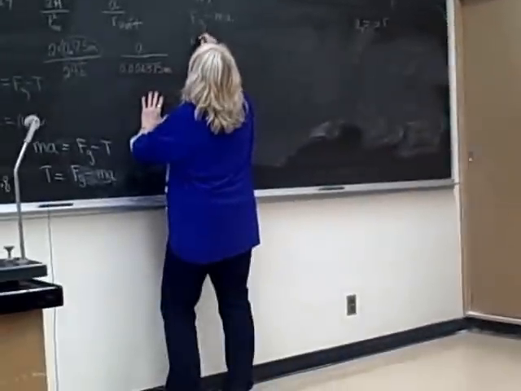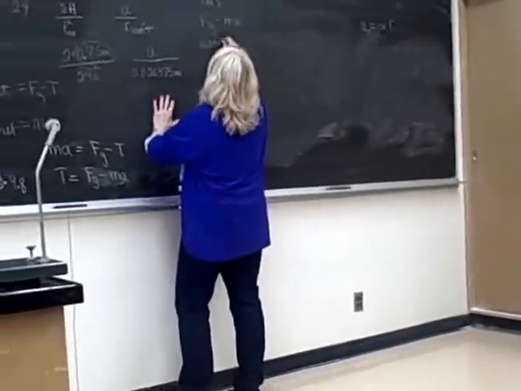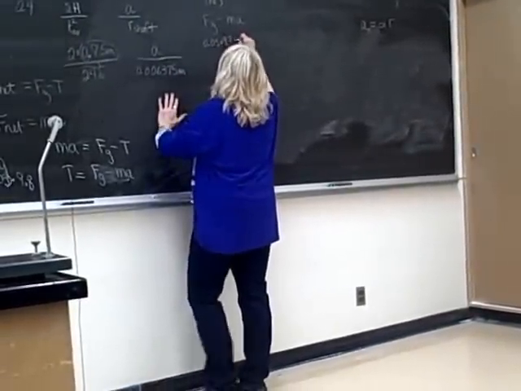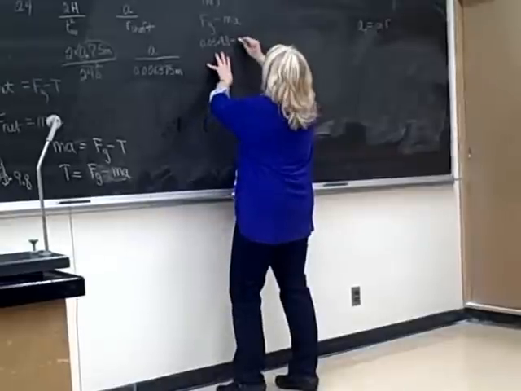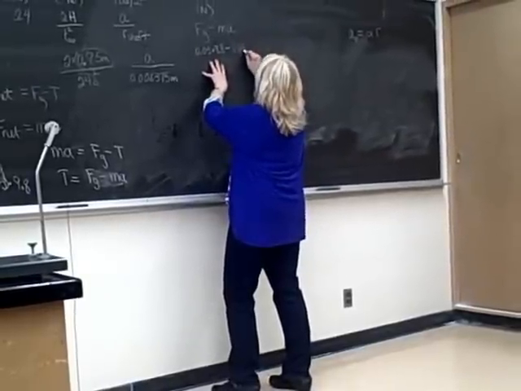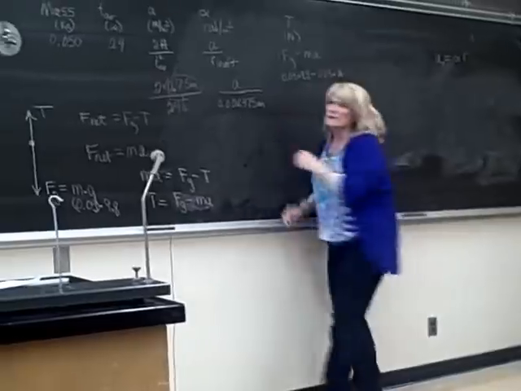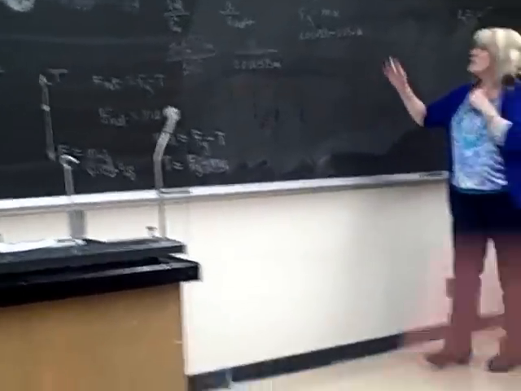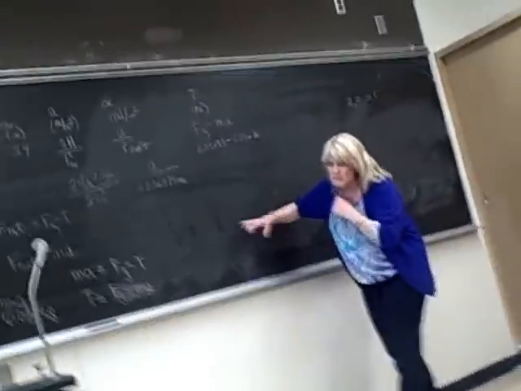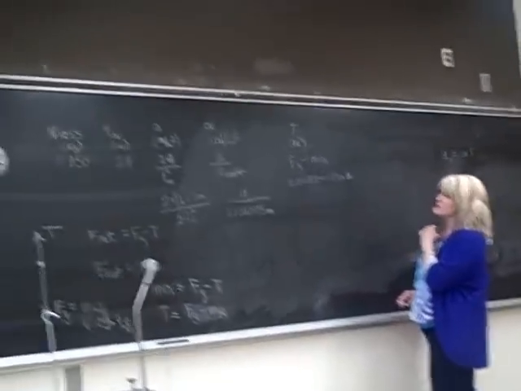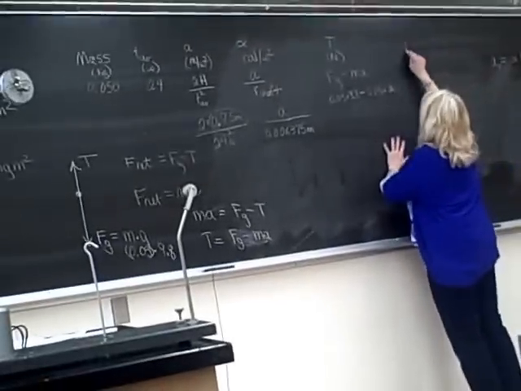So for the first one, it'll be 0.05 times 9.8 minus 0.05 times whatever the a was over here. And that's going to change for each row of masses that you do. Okay, now we're ready for torque.